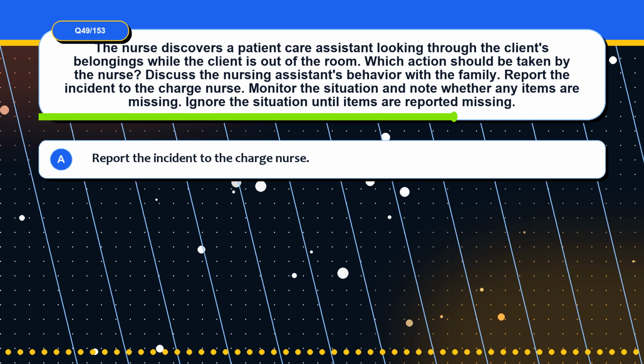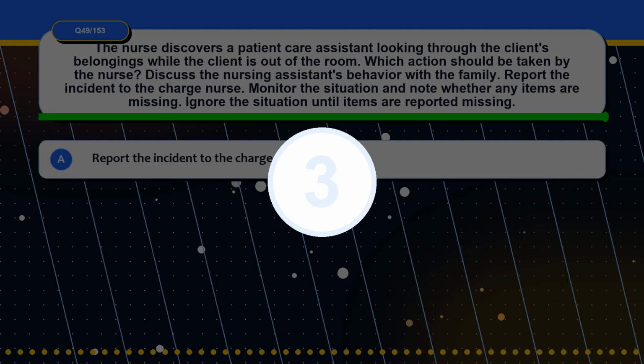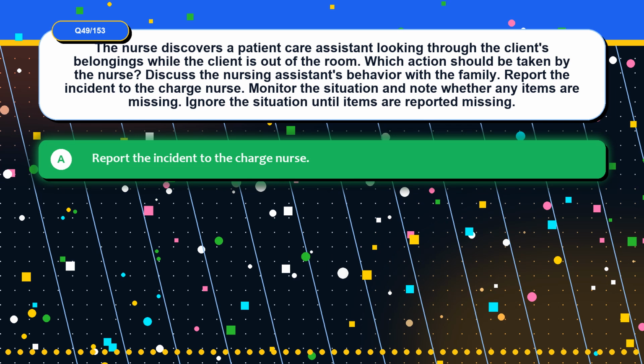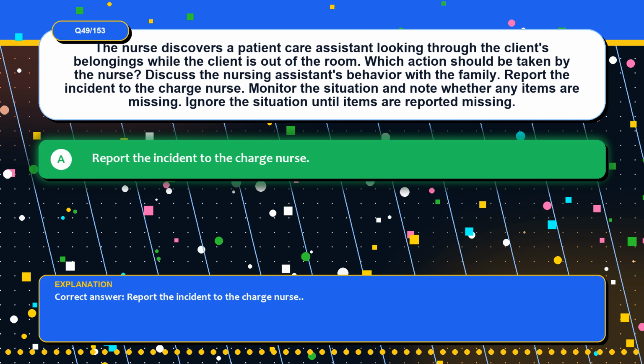Ignore the situation until items are reported missing. Here are the options. Option A, report the incident to the charge nurse. The correct answer is option A. Correct answer.